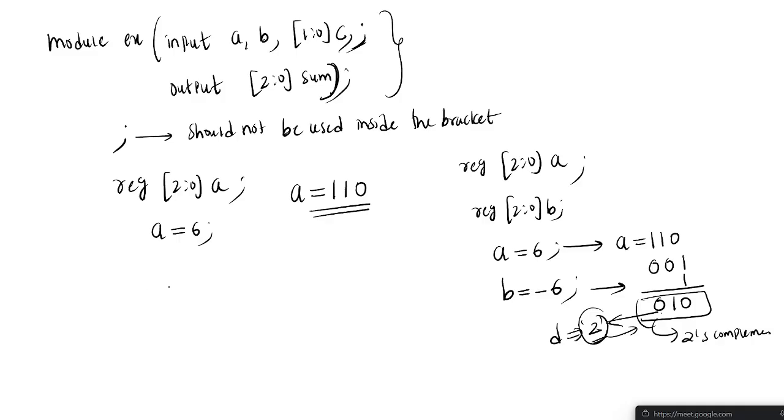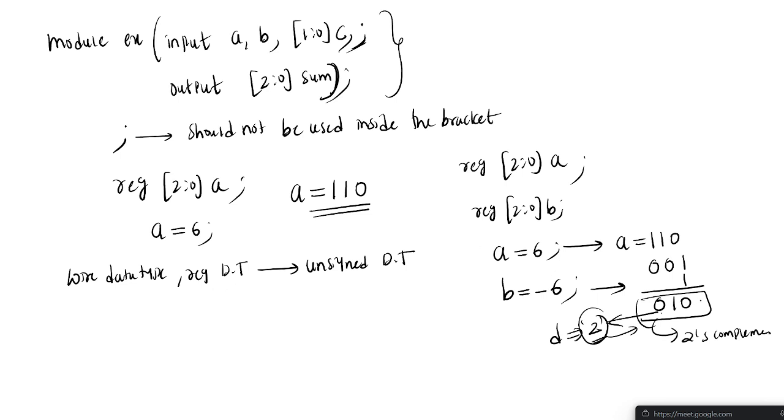So from this, what you can conclude means whatever the wire data type and reg data type are unsigned data types. They will store the negative numbers in two's complement.